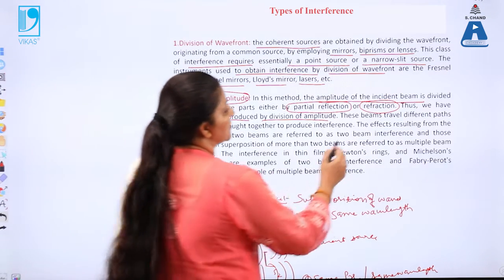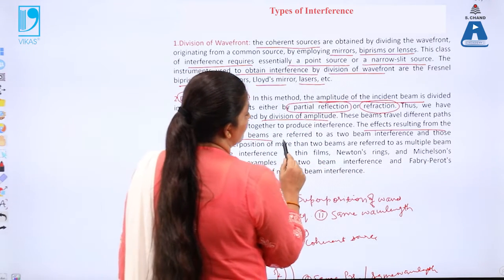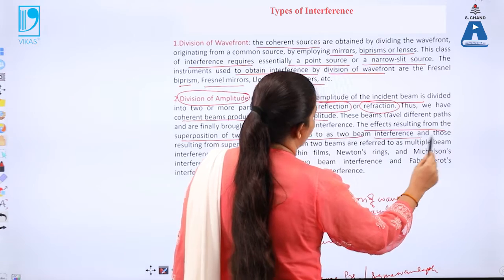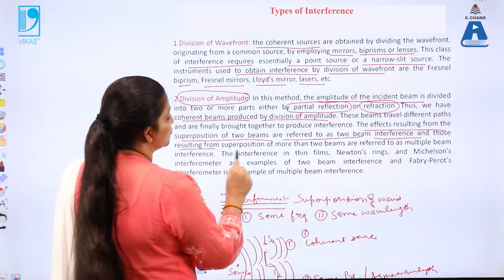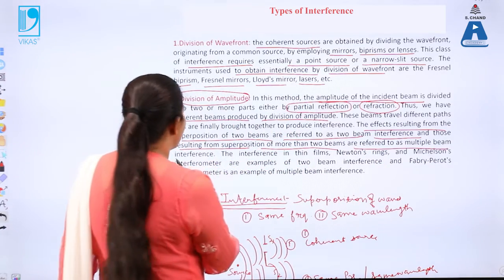In this case, the effects resulting from superposition of two beams are referred to as two beam interference, and those resulting from superposition of more than two beams are referred to as multiple beam interference.